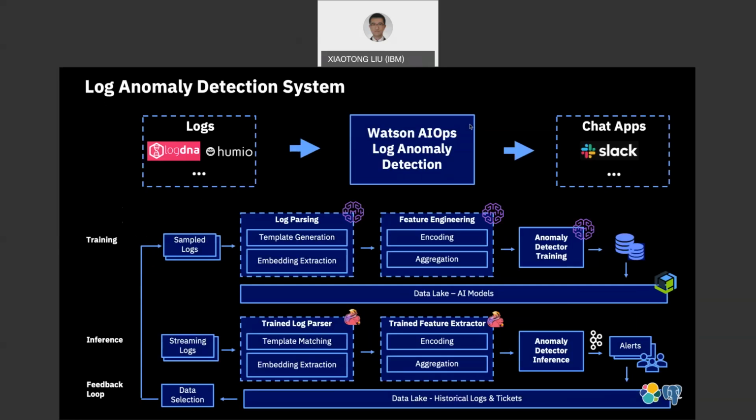Our system consists of two subsystems: offline training and runtime inference. The offline training subsystem focuses on log parsing, embedding extraction, and log anomaly detector training. The input to this subsystem are random sample log data and a pre-trained language model, such as fastText or BERT.